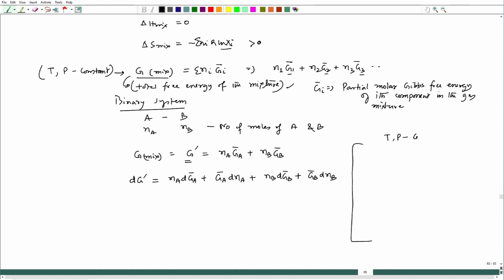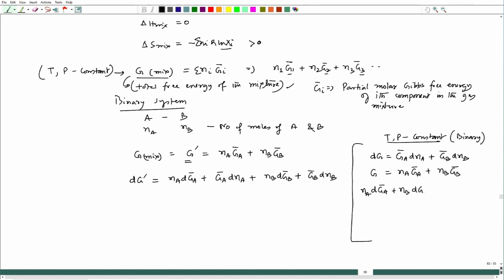At constant temperature and pressure, in a closed system, we can write this way, and if we take a binary system, we can write this, then we can write G equal to, and then we can write one more equation we have derived before. So it is equal to 0.